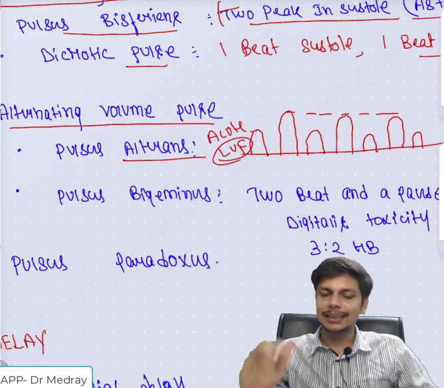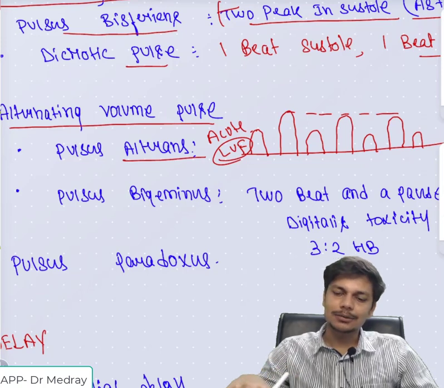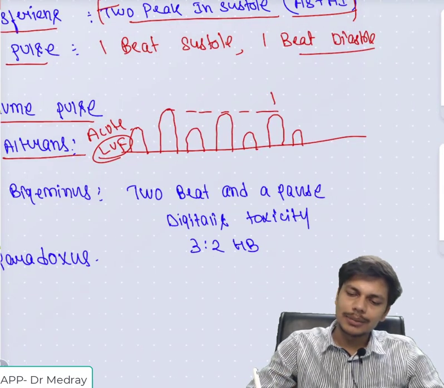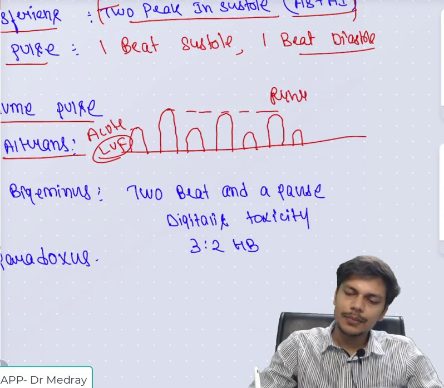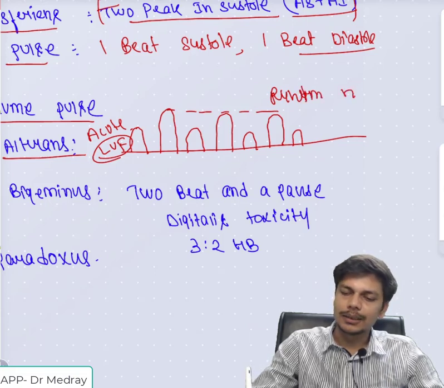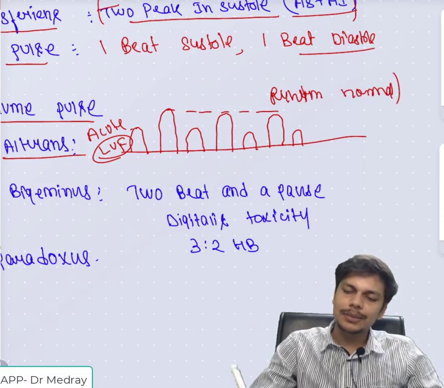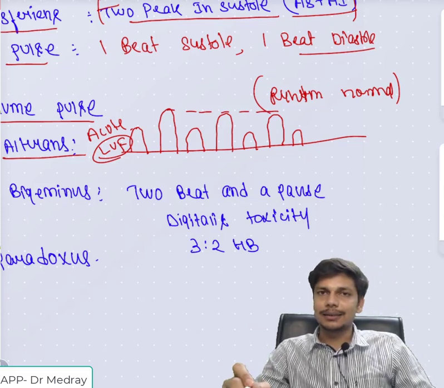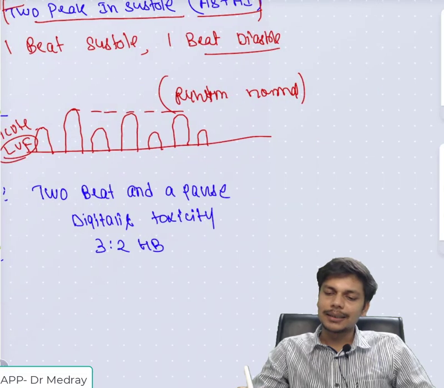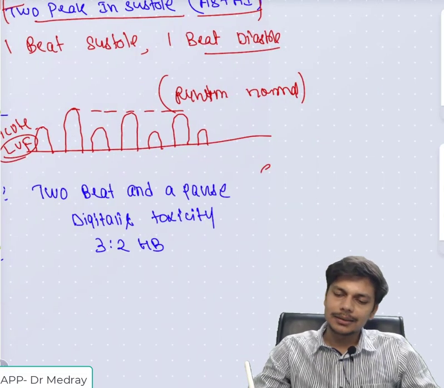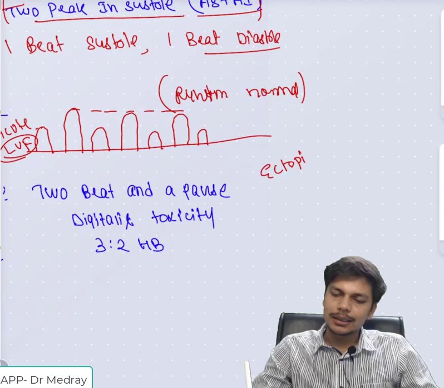But the catch here is that for pulsus alternans to occur, the rhythm should be normal. If the rhythm is abnormal, then you cannot say that there is pulsus alternans. Why? Because if the rhythm is abnormal, it can be because of an ectopic beat, as we have discussed.